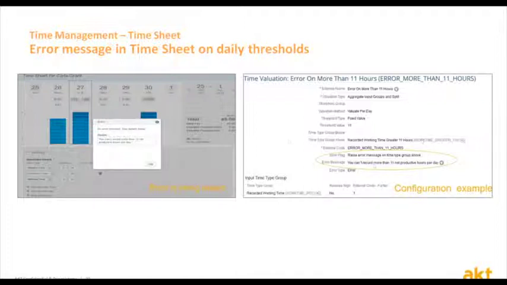On the right, this is how this can be set up. This is the entity you need to set up in order to activate this. And on the left, you can see the error message once triggered upon timesheet evaluation completion. I believe this was the missing option in order to truly be able to support customers' timesheet requirements. So this is very exciting for those of you who are considering the timesheet options.